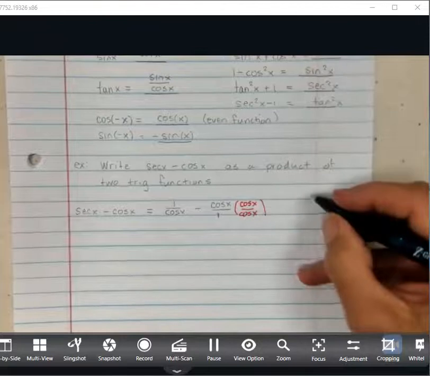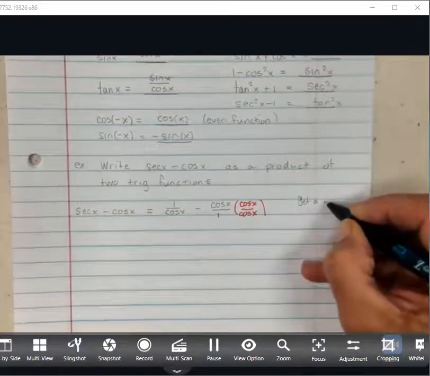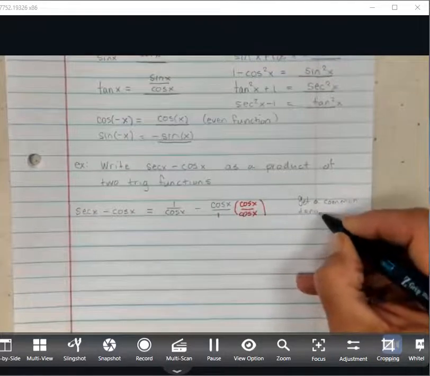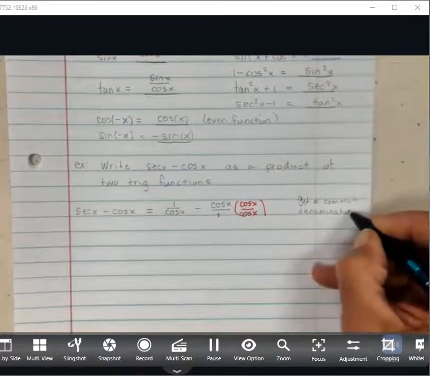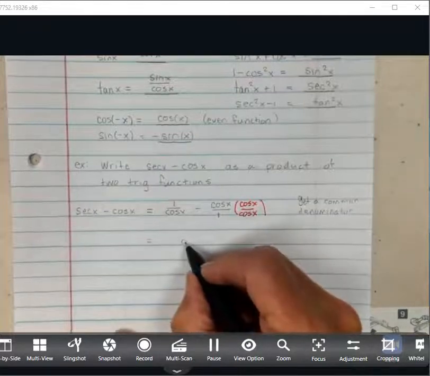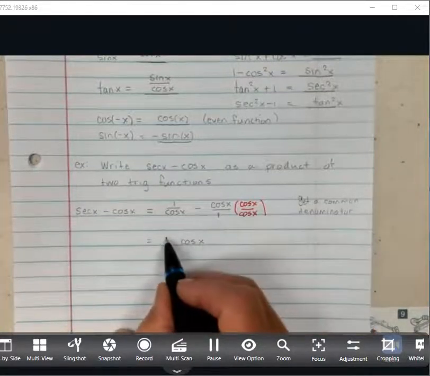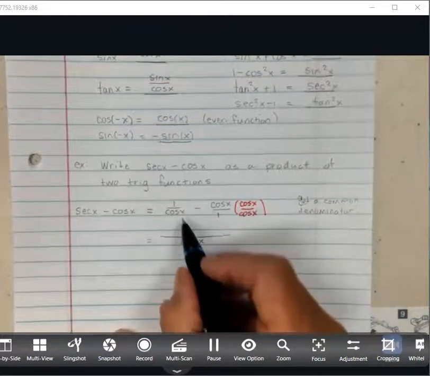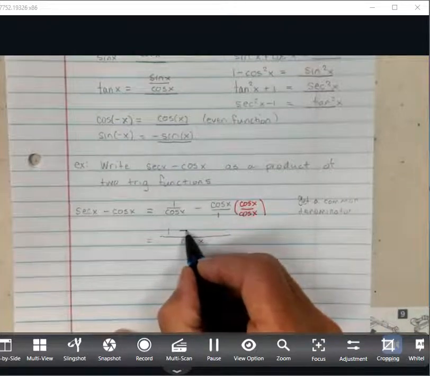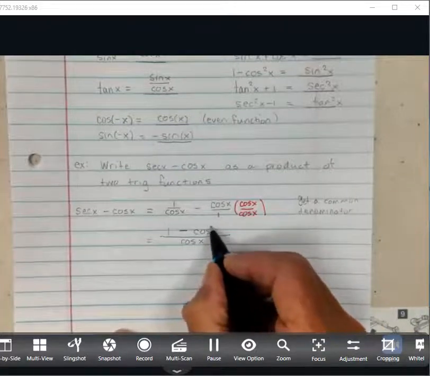Okay, so I'm getting a common denominator. Now my two functions have a cosine on the bottom, so I'm going to write them as a single fraction. And so on top, I have a 1 here minus the product of two cosines. So let's write that as cosine squared of x.